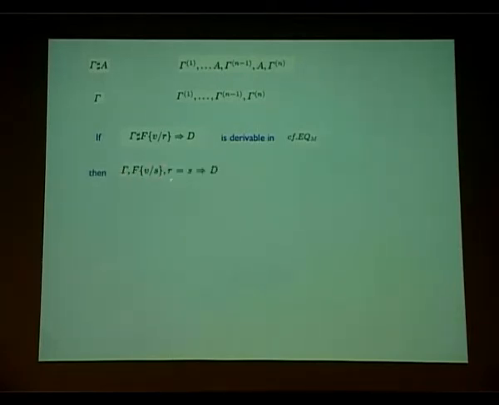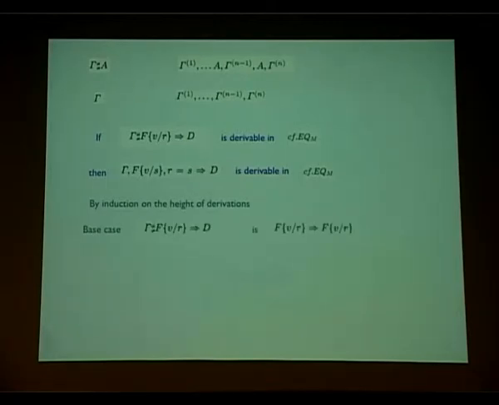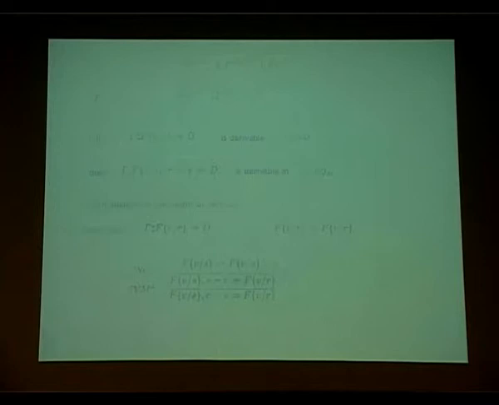this is also derivable. You go by induction on the height of derivations, and for example, if it is an axiom, then you use this other axiom and use the congruence rule, and you deal with this problem.